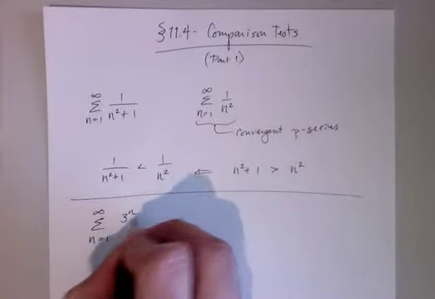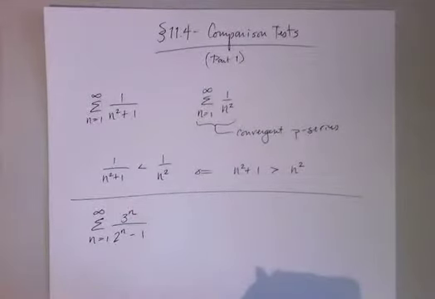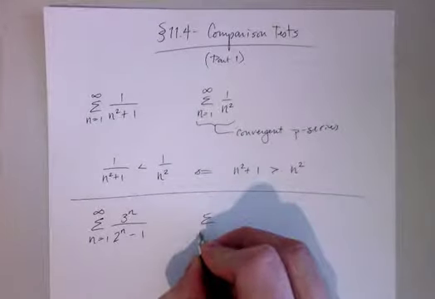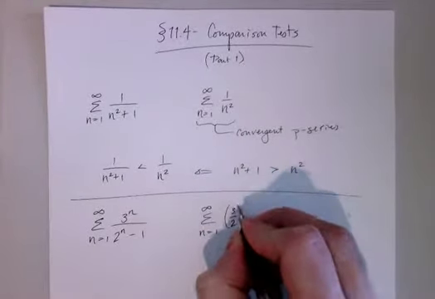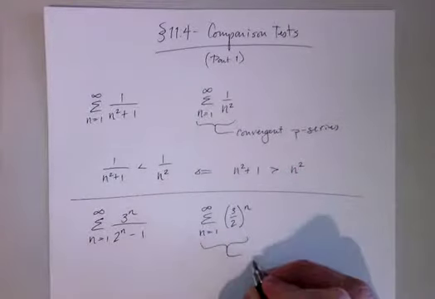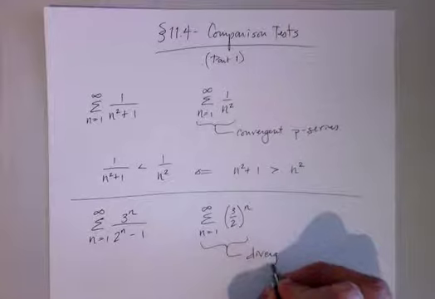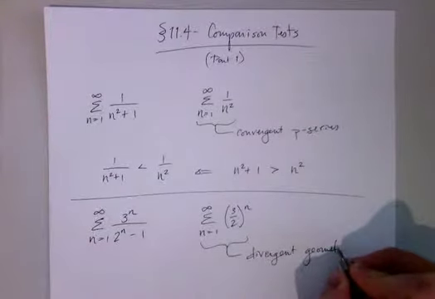So we have 3 to the n over 2 to the n minus 1. Well, I know that that is awfully close to that. This is a known divergent geometric series, right?